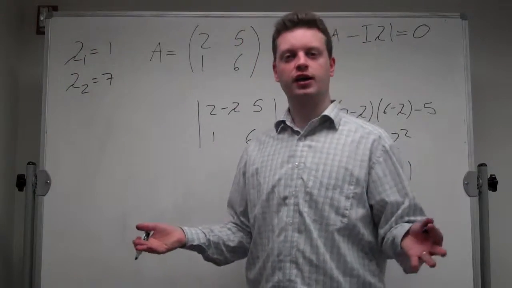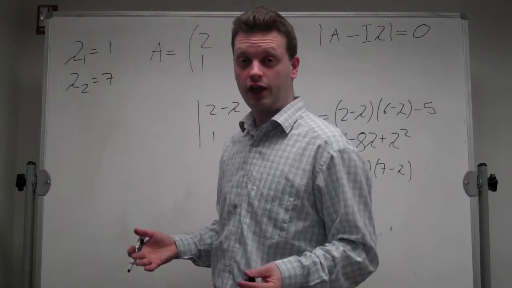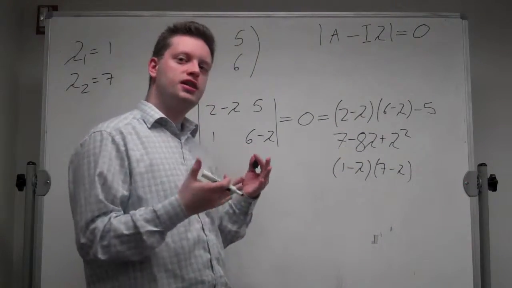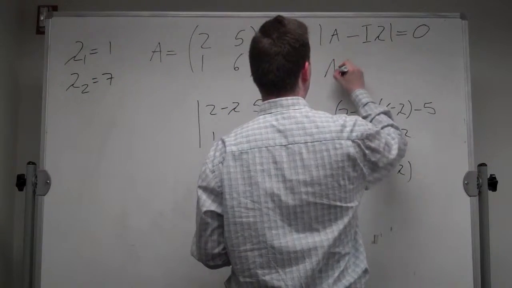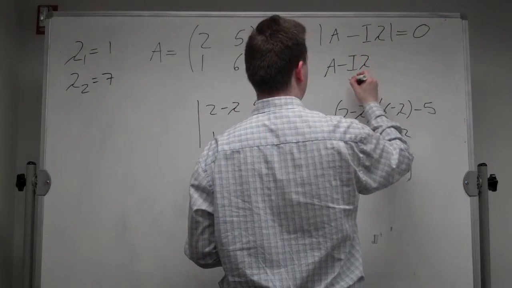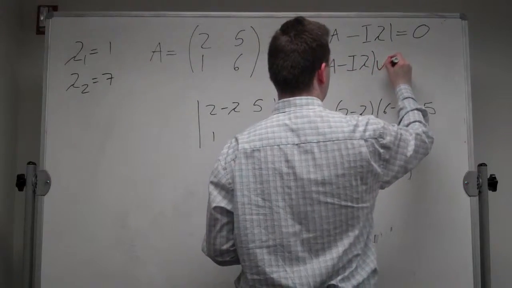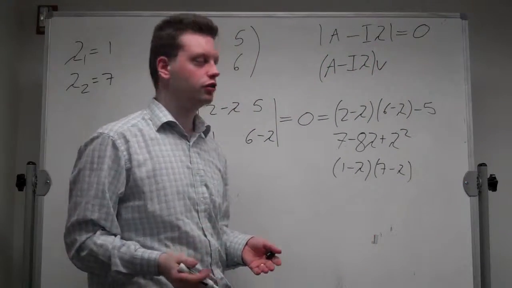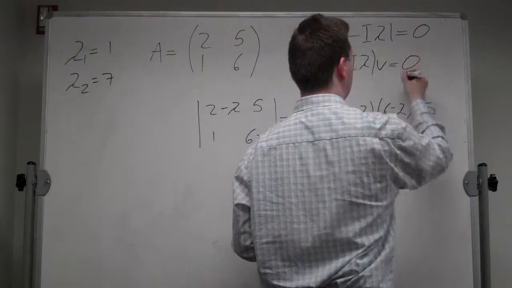So how do we find now the eigenvectors? There's a second formula for that, and that's the basic property of eigenvalues. In particular, we know that A minus I times lambda, so the identity matrix times lambda, times an eigenvector corresponding to the eigenvalue here has to be equal to 0.